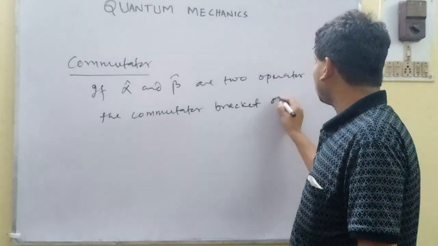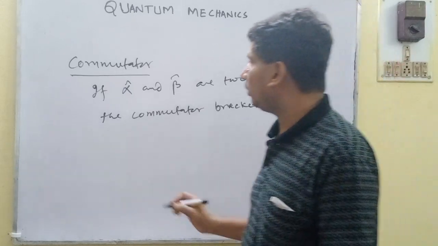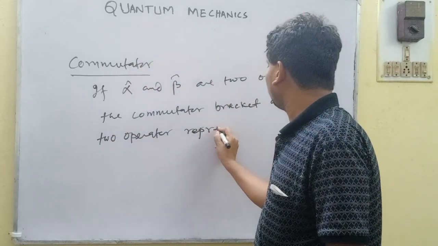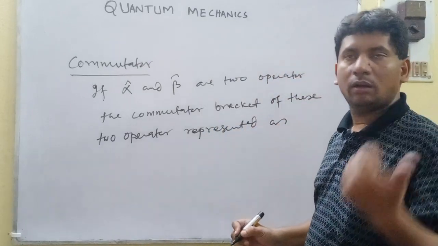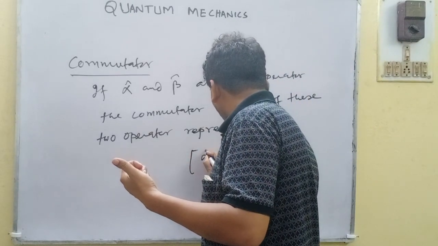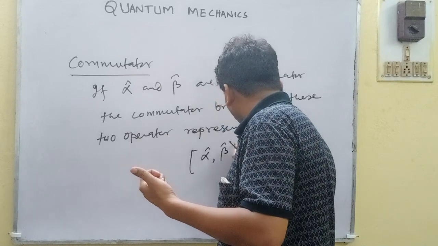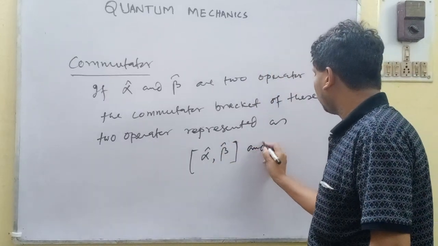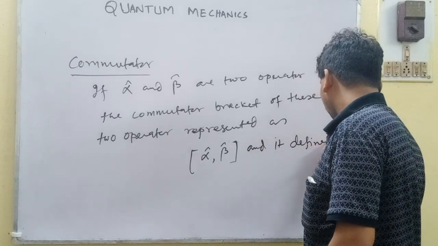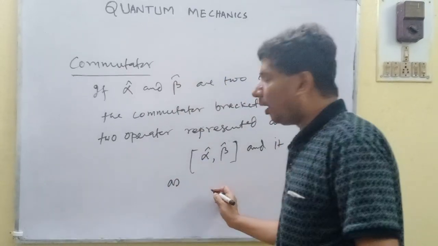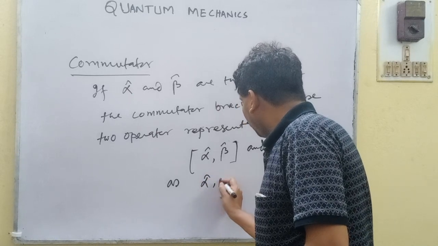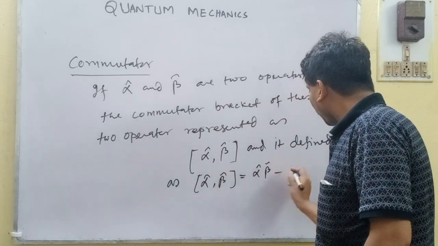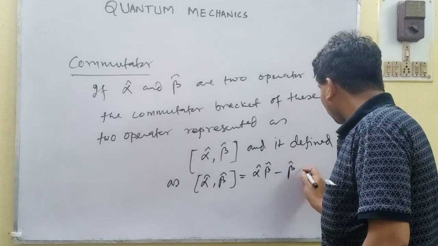This third bracket of these two operators is represented as third bracket alpha operator comma beta operator, third bracket closed, and it is defined as alpha operator beta operator minus beta operator alpha operator.